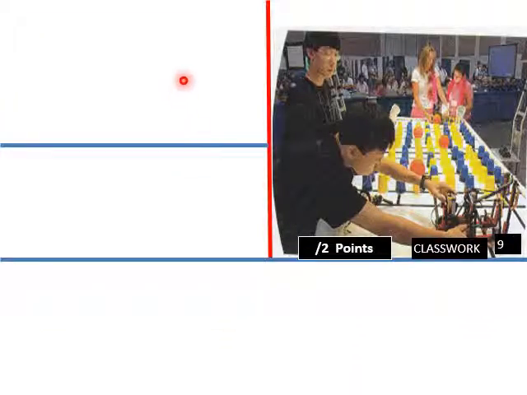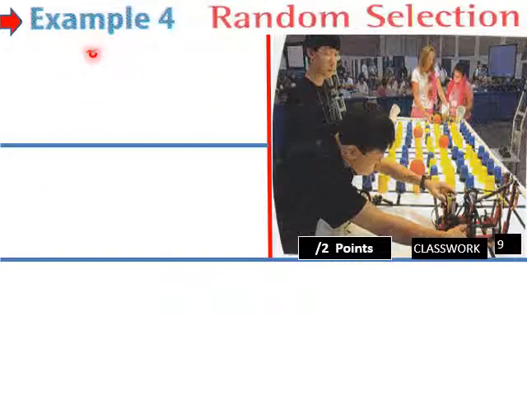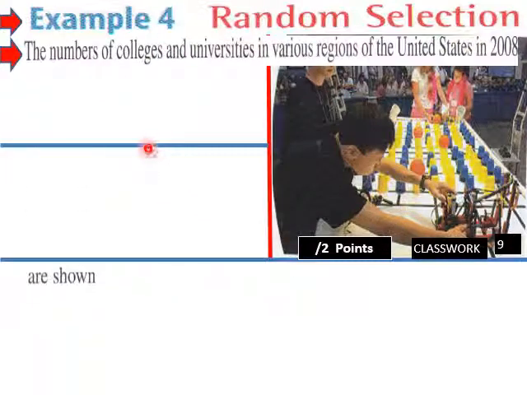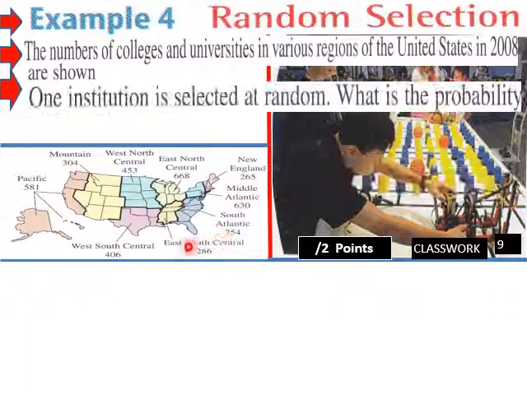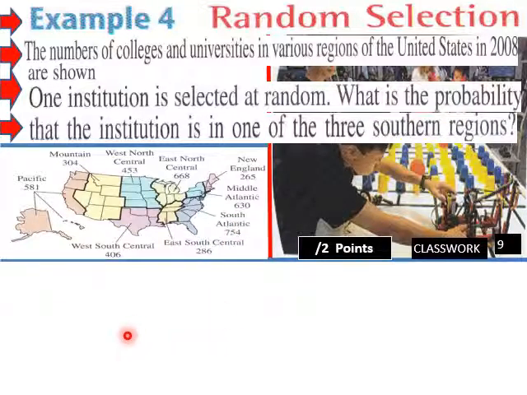Moving right along. Example 4, random selection. The number of colleges and universities in various regions of the United States in 2008 are shown. Here's our map of that. One institution is selected at random. What is the probability that the institution is in one of the 3 southern regions? Here's one south, south, and south, so we have 3 different southern regions.